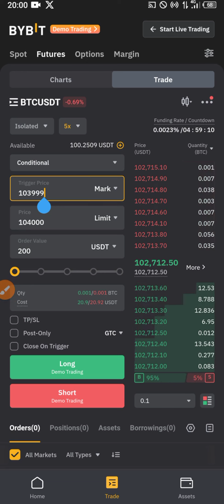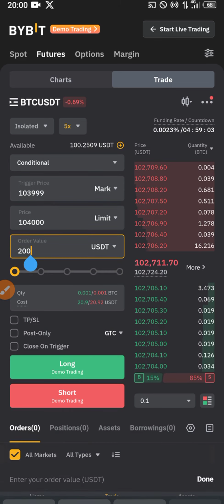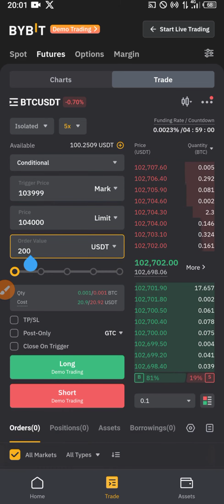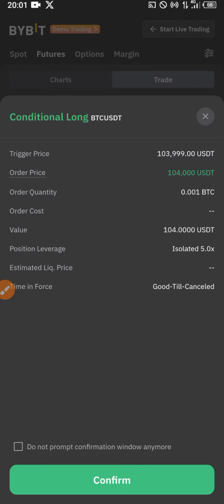So you put your trigger price here, then the price that you want to buy, your limit price, and you put your order value right here. Then you click on long. Okay, then you click on confirm.